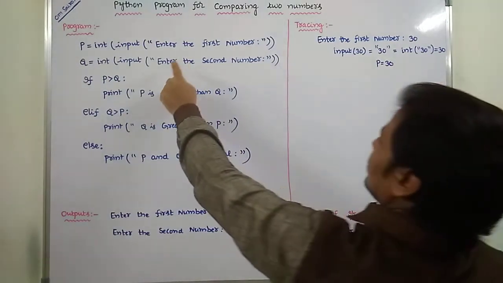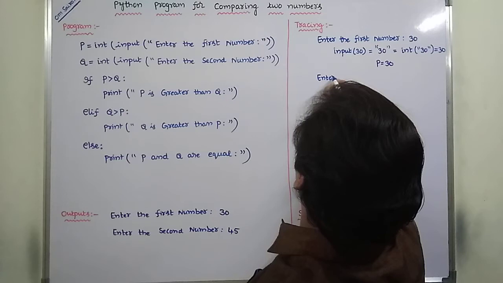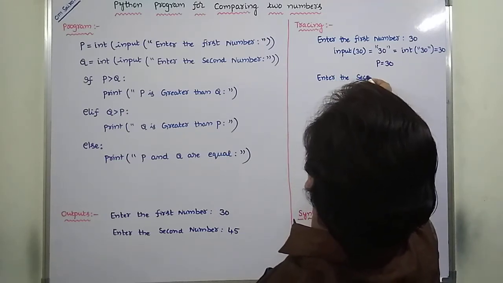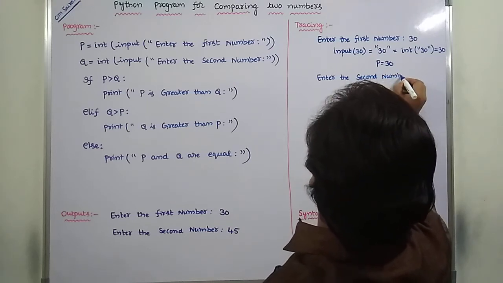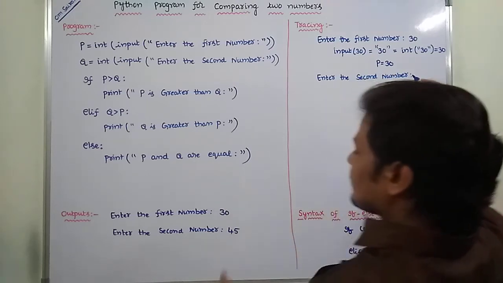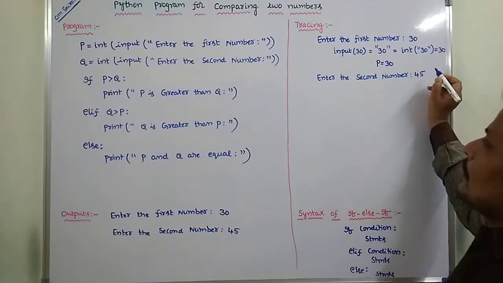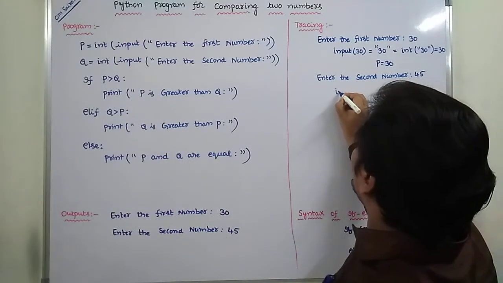Next, second line, enter the second number. So what is the second number I am entering? 45. This 45 is taken by the input function.